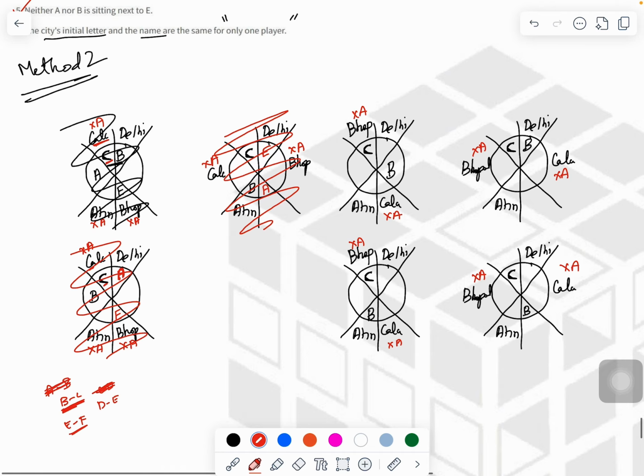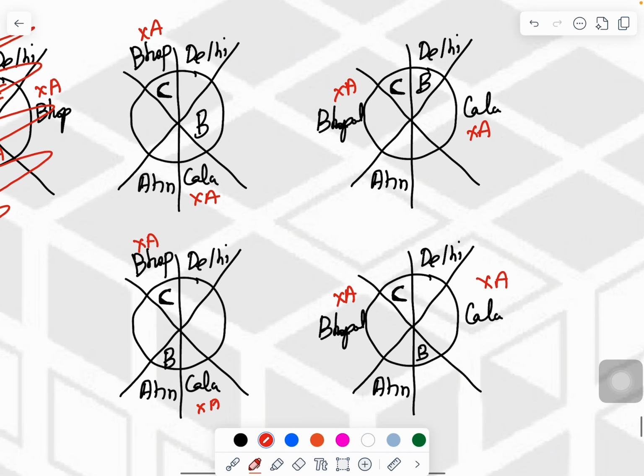Good. Now, out of 7 cases, 3 cases eliminated. Let's look into the next one. So here, where can we have our A? A can come in multiple spots. A can come here, here, or here, right? The problem with A coming here is the alphabet mapping will not happen.